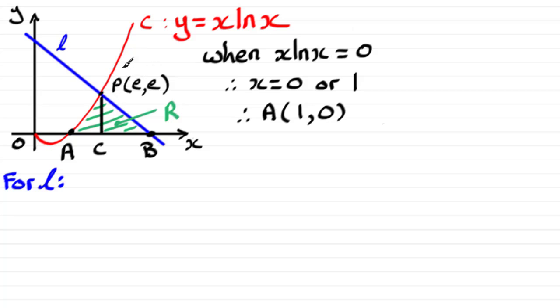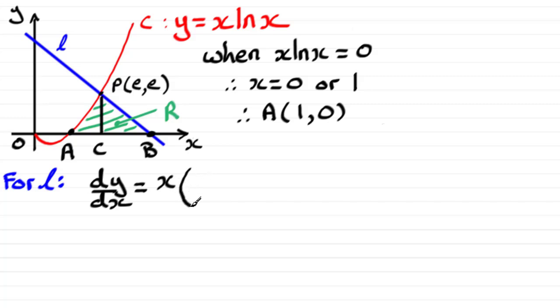So I need to get that general gradient on the curve C, and I do that by differentiating x natural log of x. And to do that, I'm going to need to use the product rule, which I'm assuming you're familiar with. If not, do check out my tutorials on it. Okay, so I take the x and multiply it by the differential of the other part there, natural log of x.